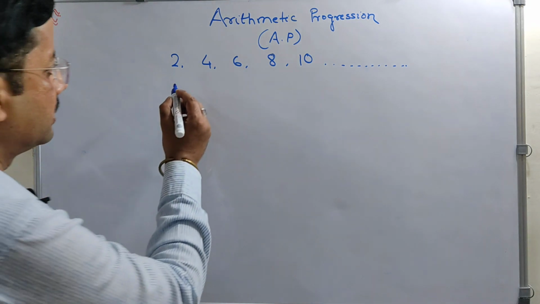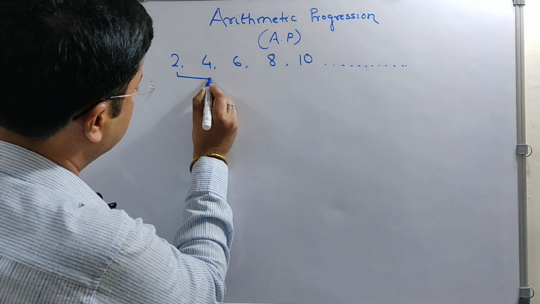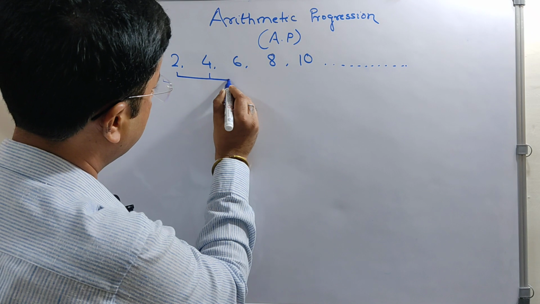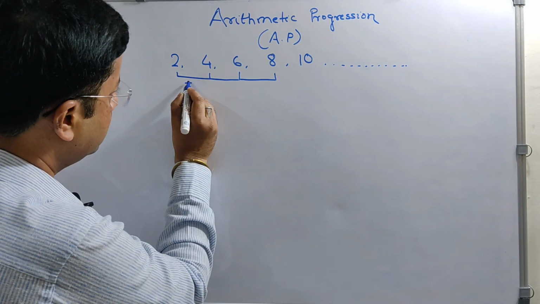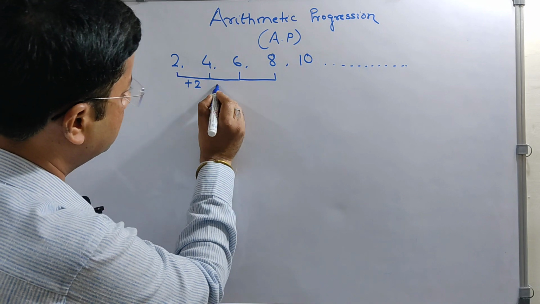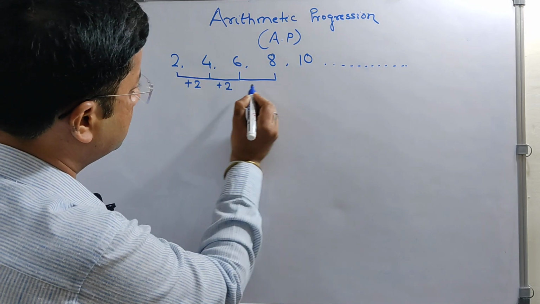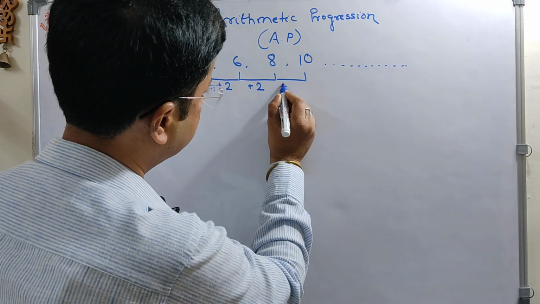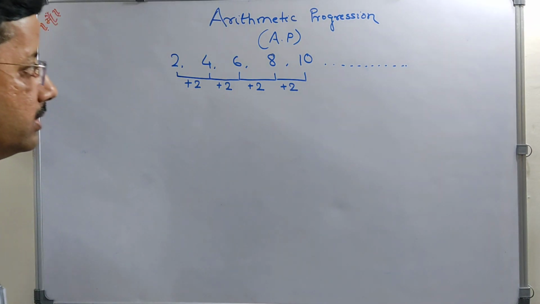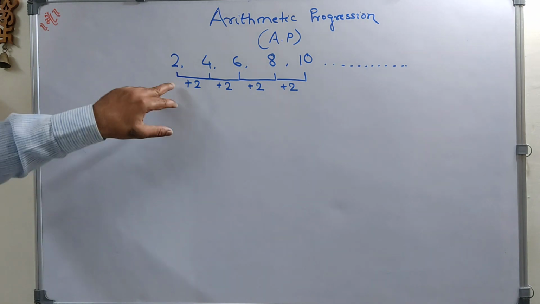Now if you see these numbers, what do we see here? Between the first and second terms, and the second and third terms, we can see that in each term the constant 2 is being added.